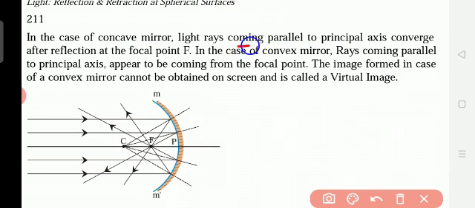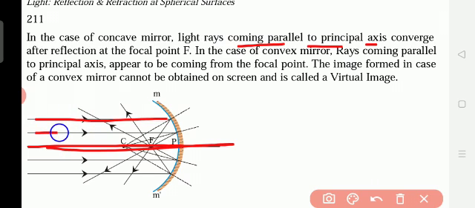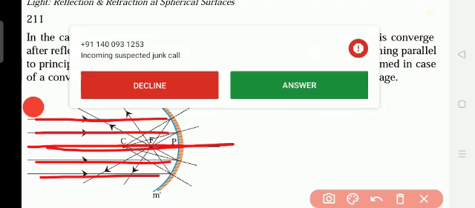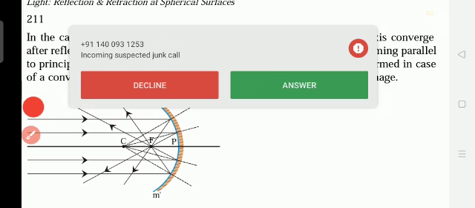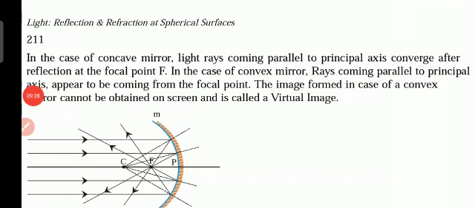Parallel means lines side by side facing each other. If the line is like this, it is perpendicular to this, and like this, it is parallel. The principal axis is the middle line. All these rays falling on the mirror are parallel to the principal axis.